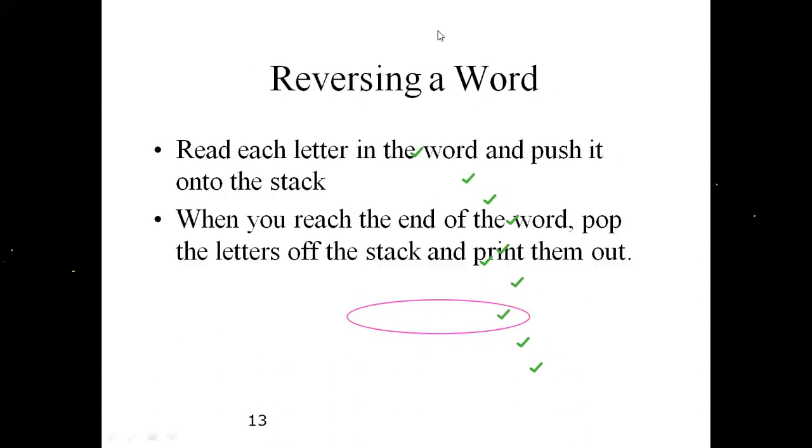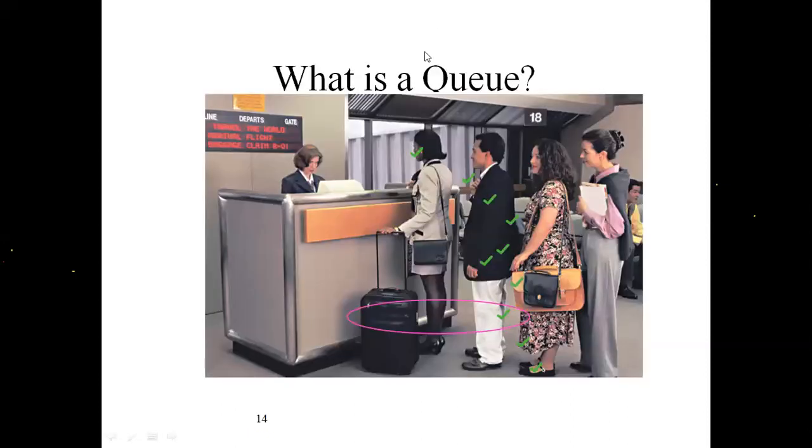Reversing a word is also possible. So next one, queue. The next data structure is queue.